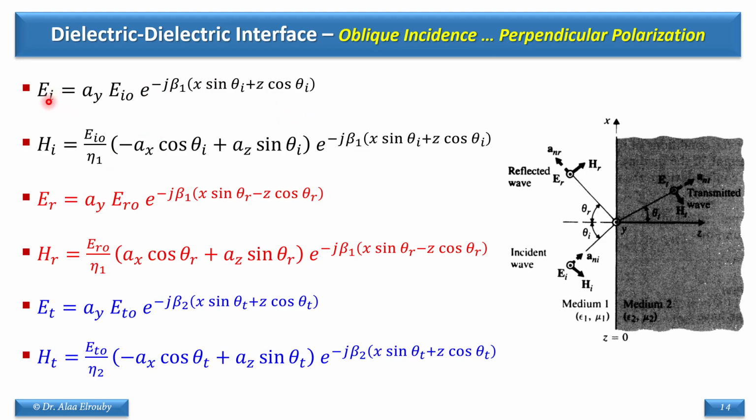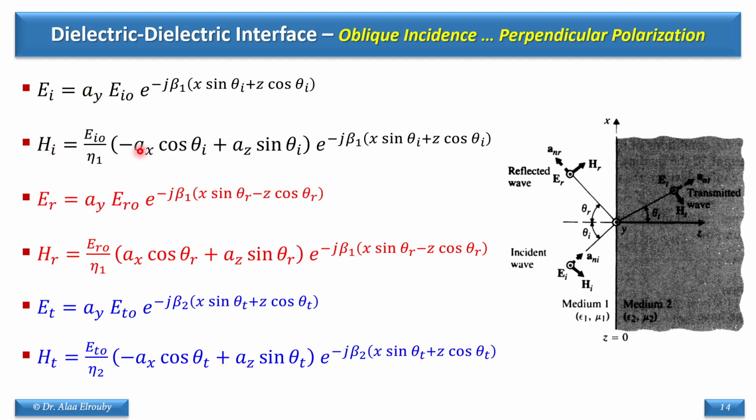So E incident has a direction of propagation in positive x and positive z. So it's sine theta x plus cosine theta z, and this is beta 1. H incident is just E divided by eta 1. This is in the positive y direction.